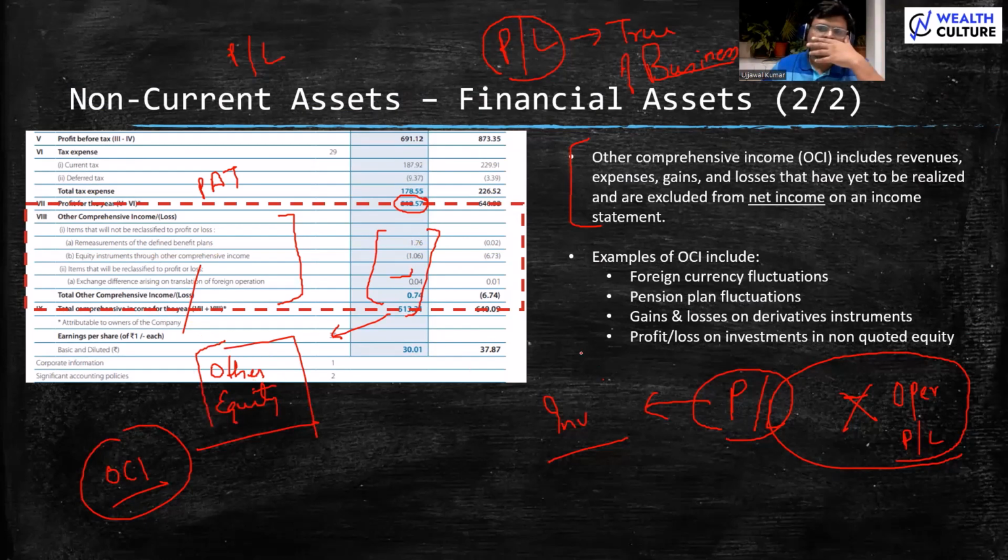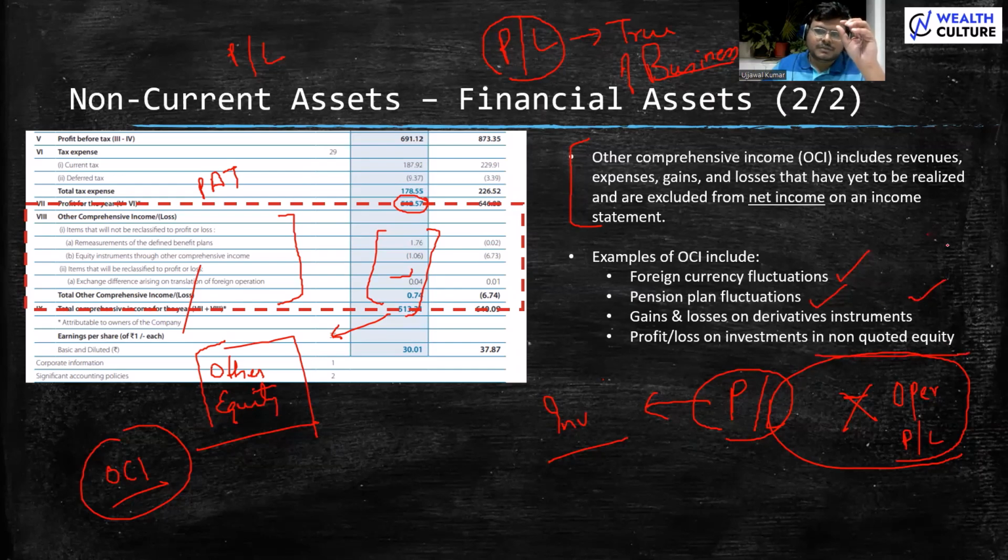And what are these line items? Something like foreign currency fluctuation, again not part of operations. Pension plan fluctuations, gains and losses on derivative instruments, profit or loss on investments in non-quoted equity.